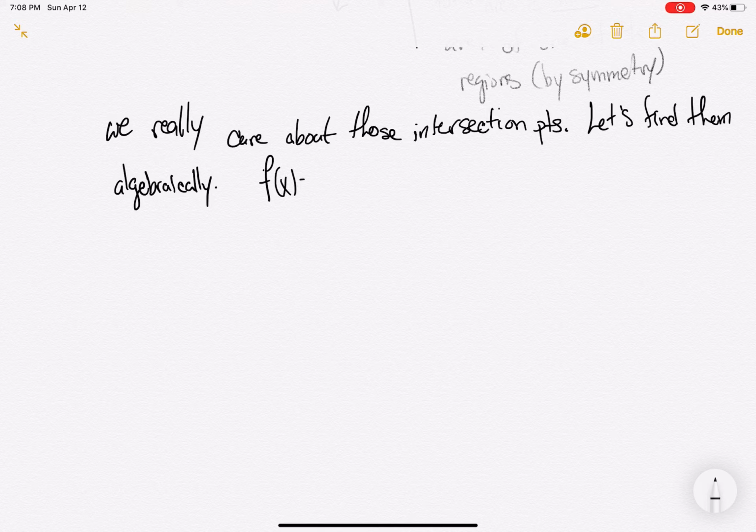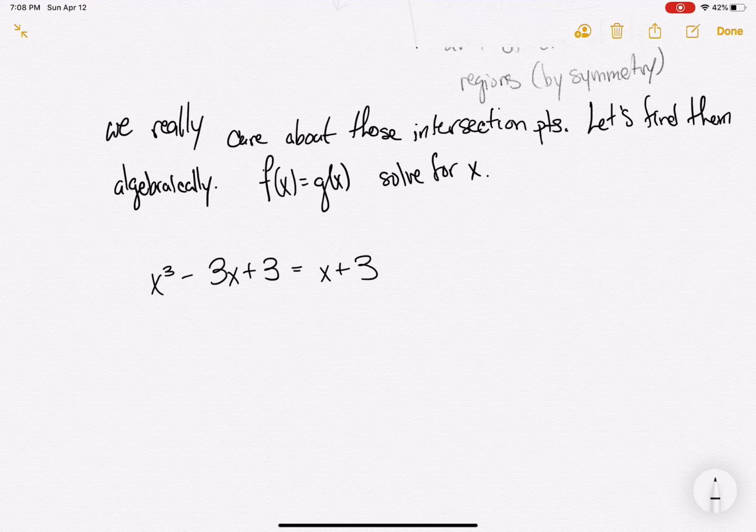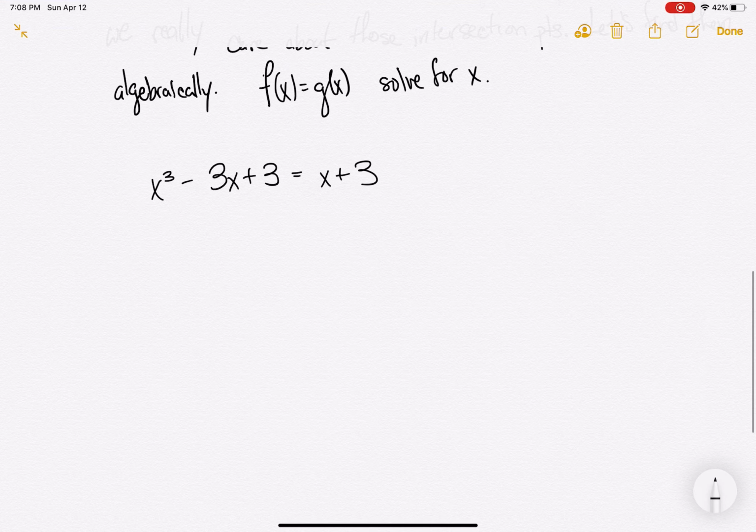This is f of x equals g of x, solve for x. In this case, f of x was x cubed minus 3x plus 3, and g of x was simply x plus 3. So let's solve this for x. Subtract x from both sides, we get x cubed minus 4x, and subtract 3 from both sides equals 0.